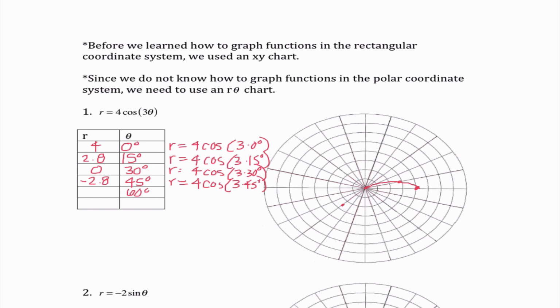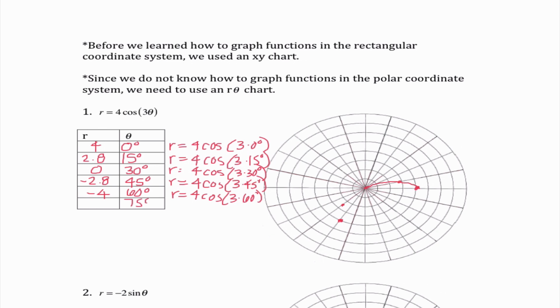When I put in 60 degrees, I get R equals 4 cosine of 3 times 60, which gives us negative 4. Negative 4 at 60 degrees takes me to right about there because I'm going to the left 1, 2, 3, 4, and I'm moving in a counterclockwise manner 60 degrees.